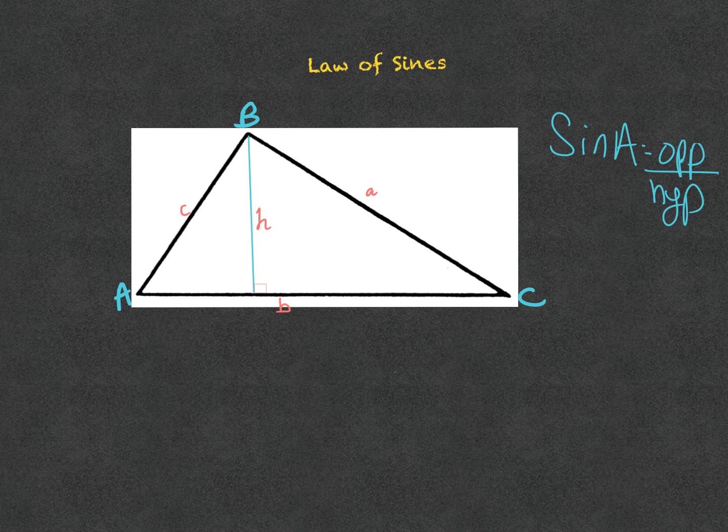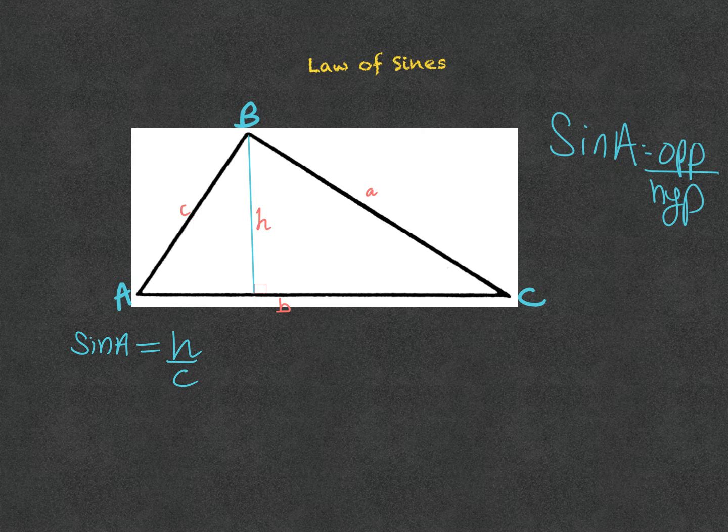Okay, so if we created that triangle and we use what we know about our sine, we can say that the sine of angle A, and remember from geometry, your sides are always labeled with lowercase letters, and the opposite angle will be the same letter but capital. That's how we match our angles with our opposite sides. Okay, so my sine of A will equal h over c, right?